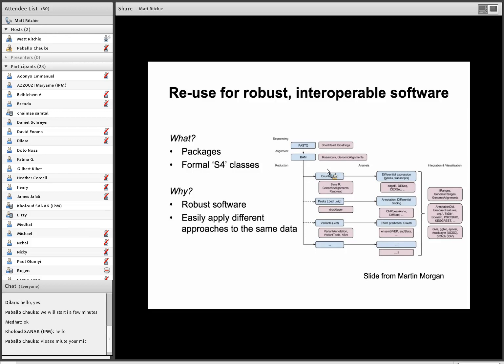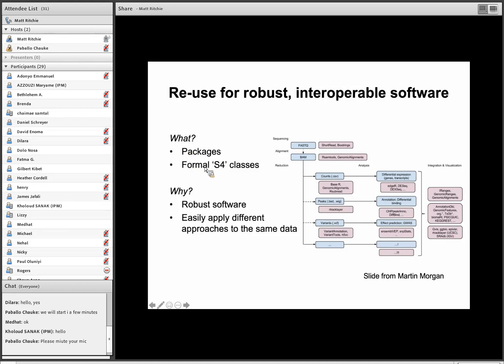So, for example, there are packages that specialize in handling DNA sequences, short read data, packages that are specialized in handling data once it's been aligned to a genome, such as Rsamtools and GenomicAlignments, packages that help you go from those alignments to then having gene level information so that if you want to do a gene expression analysis, you can go from those alignments to having gene level counts that you can take further and then analyze to find interesting genes. And there's, of course, many other packages that specialize in other different things.